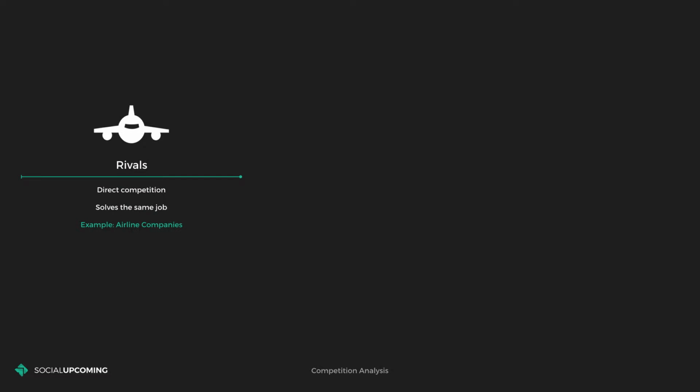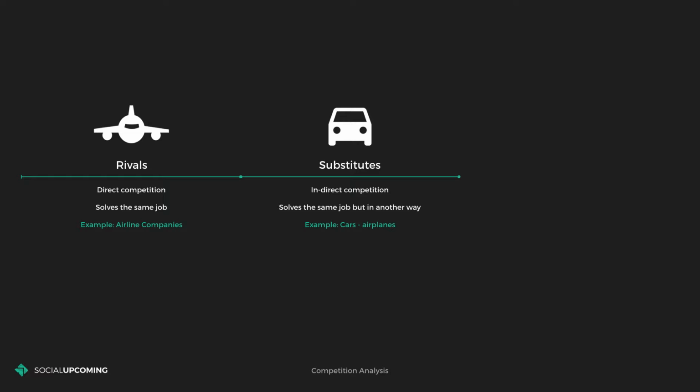So when it comes to rivals, it is the direct competition that I mentioned. And you also have substitutes, which is the indirect competition, and non-substitutes, which is not the competition. And as you can see from the icons, I want to try and visualize an example.